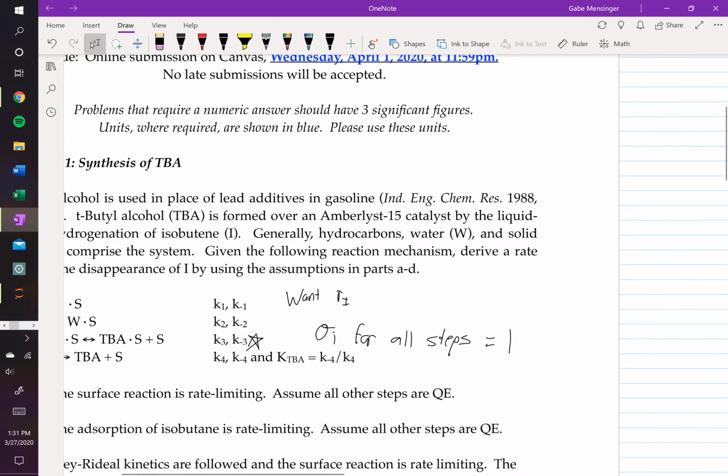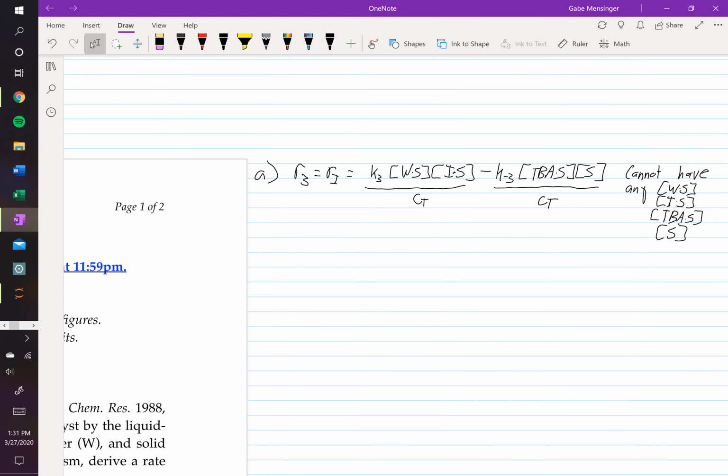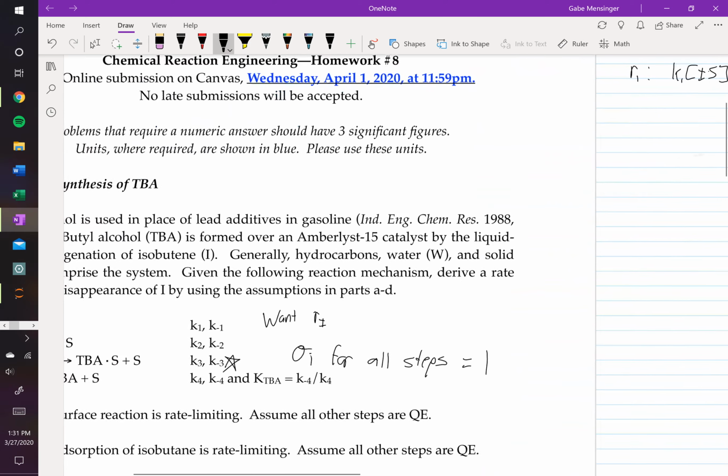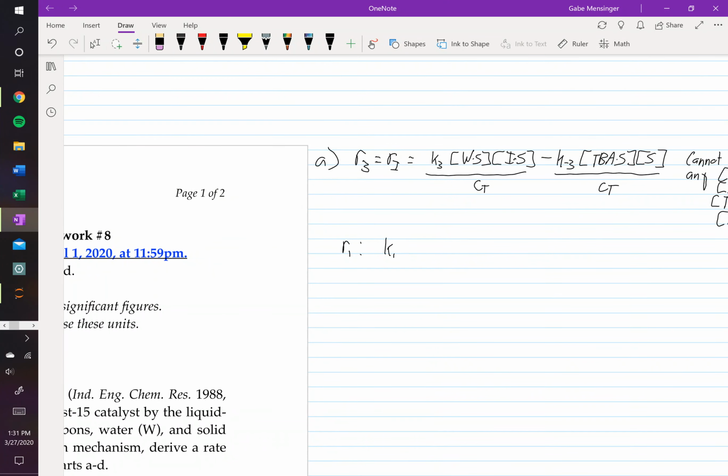So starting with the first step, R1, we can say that the forward reaction, which is K1 times I times S, is equal to the reverse reaction.